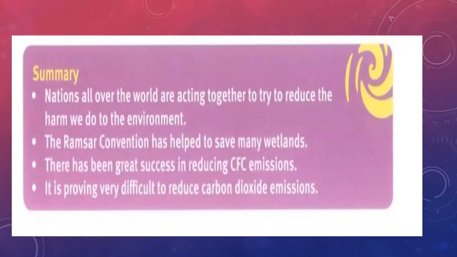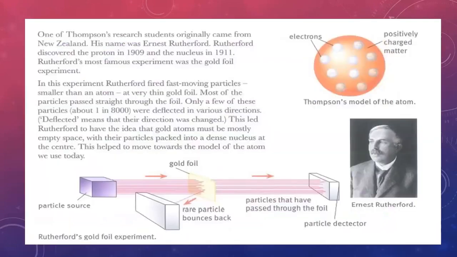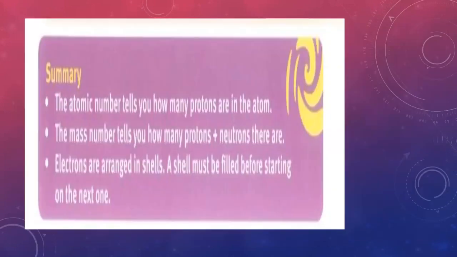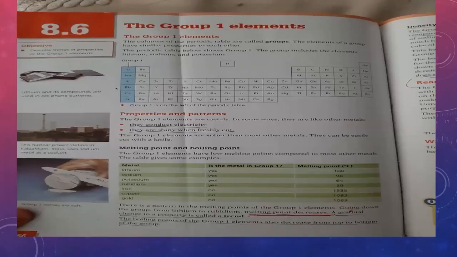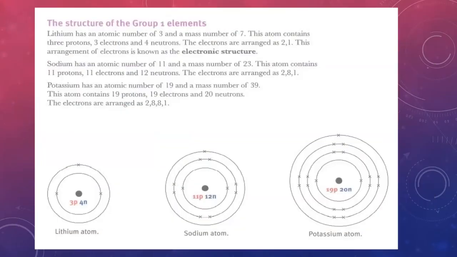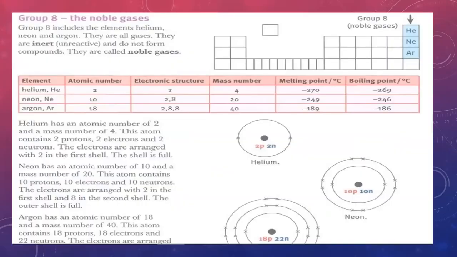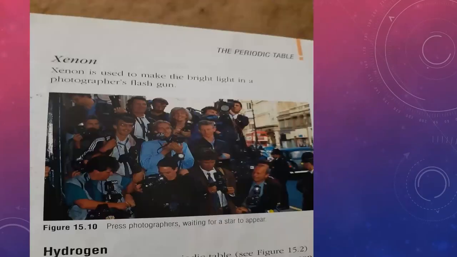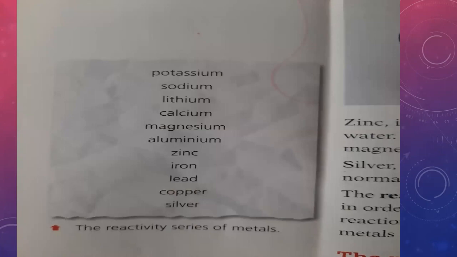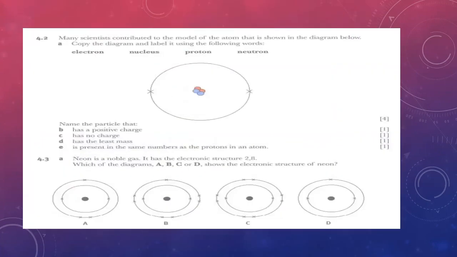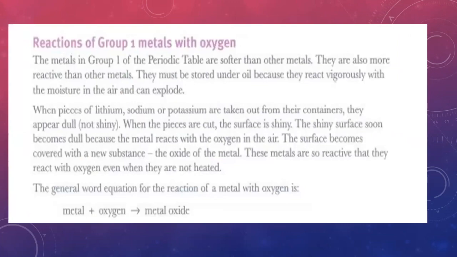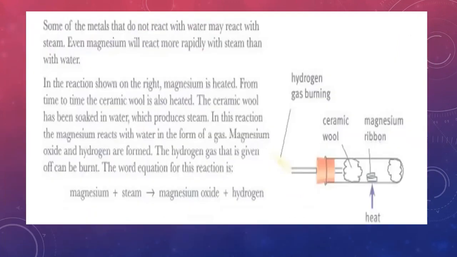Now we will study the behavior of different elements during the chemical reaction according to their reactivity when they react with water or acids and see the results of this reaction.